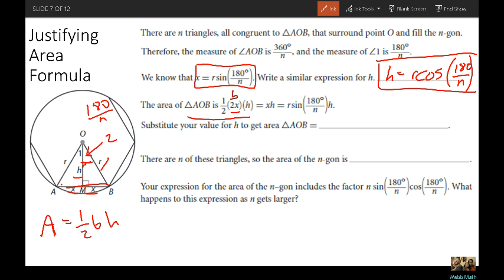So now that we're substituting, our area for this triangle is going to be r squared, because you have this guy times this guy, r times r, which is r squared, times sine of 180 divided by n times cosine of 180 divided by n. So as you can see, ladies and gentlemen, that is the original equation for the area formula.